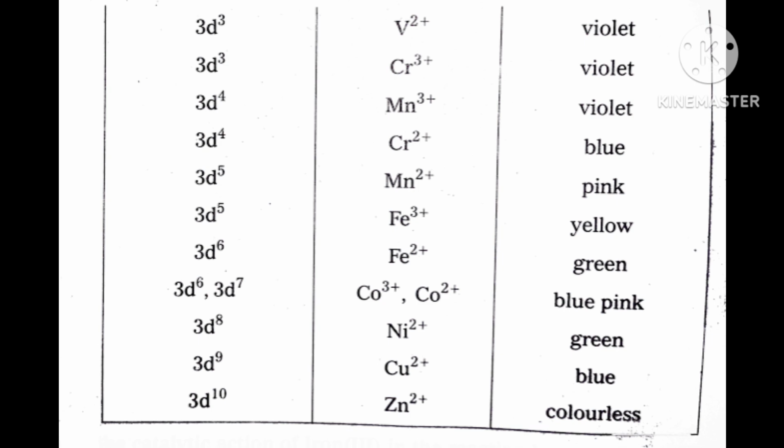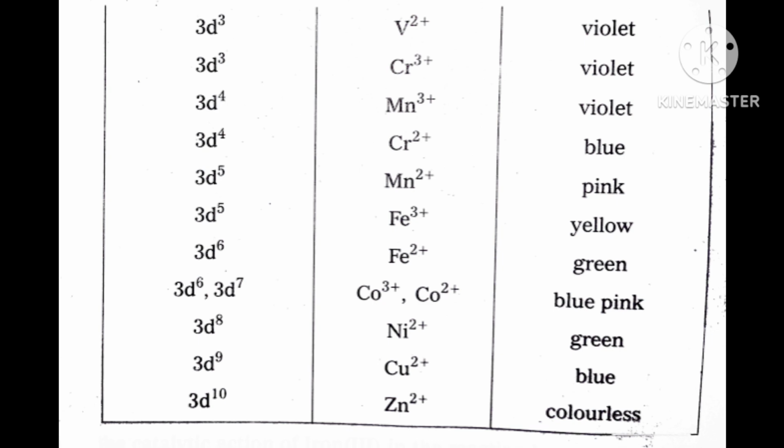Complementary color of the light absorbed means after light falls on the matter, after absorbing some light, the rest of the light will come out. Then what is the wavelength of this reflected light? Because some light the material will absorb. Now you can understand.